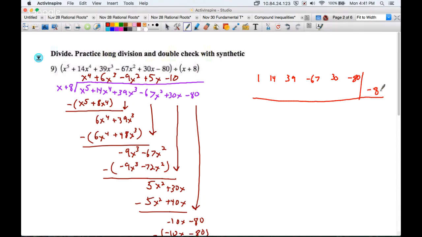We divide with where the root is, not with the factor. 1, negative 8, 6, negative 48.